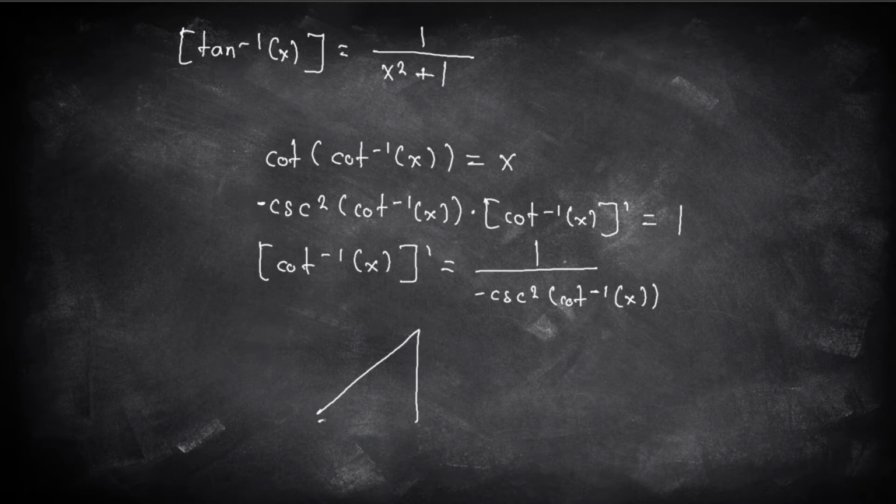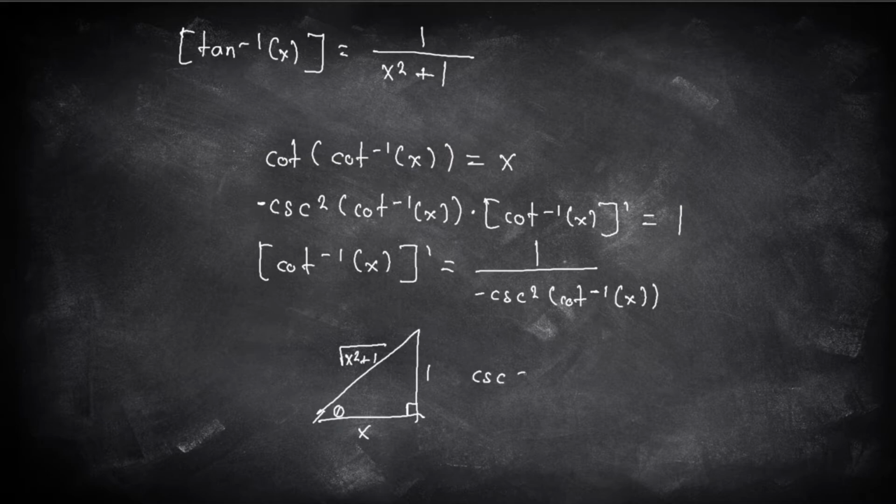So drawing our picture, right triangle, theta. Cotangent is adjacent over opposite, so it's just the flip of tangent. So that means it's x divided by 1, with x on the adjacent and the 1 on the opposite. Our hypotenuse stays the same as usual, square root of x squared plus 1.